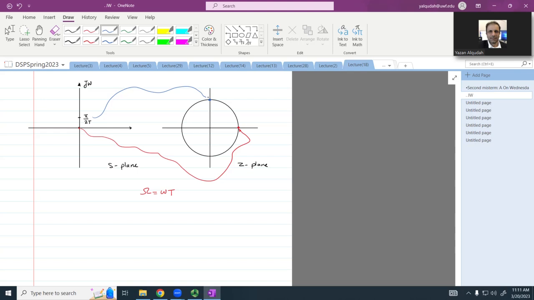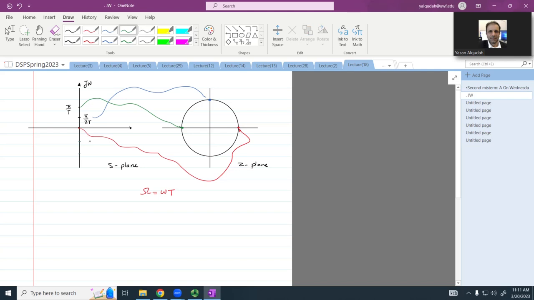If I increase the frequency, and now I'm working at pi over T, then this is going to get mapped to this point on the unit circle. Omega is equal to pi. Now, a similar thing happens in the negative frequency.